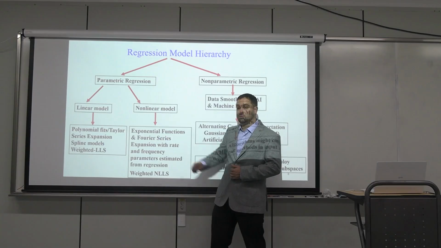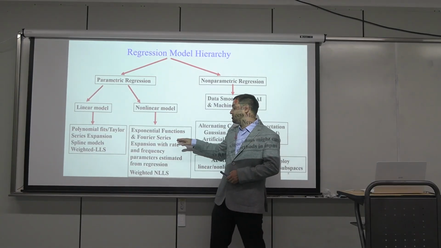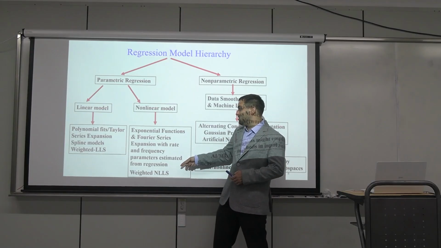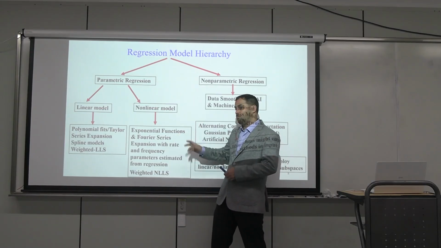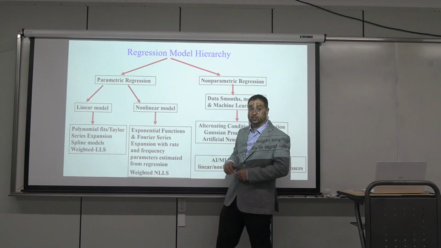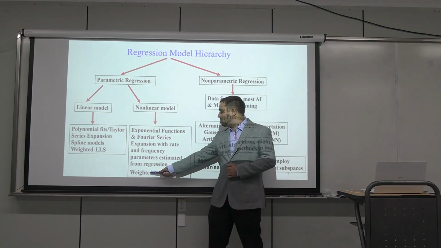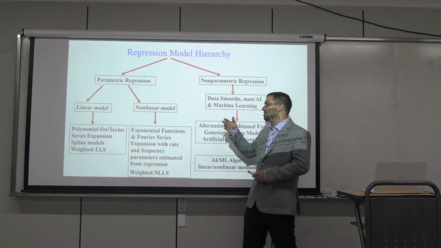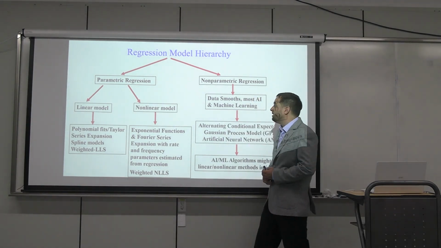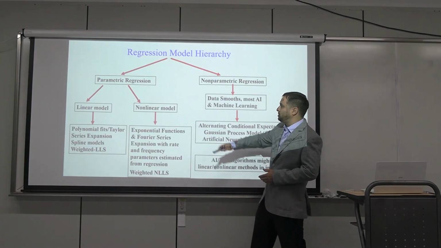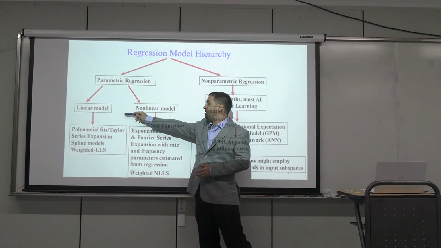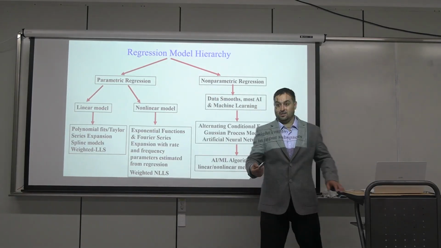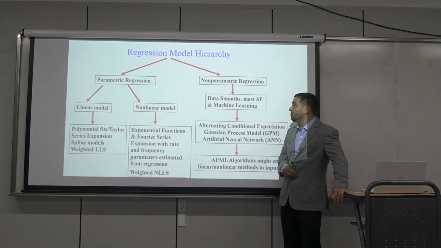If these parameters are being estimated from the regression, then it's a nonlinear model. We're going to give a more specific example shortly. Also, weighted nonlinear least squares is a type of nonlinear regression method. So within parametric regression, we have linear models and nonlinear models, and then there are different subcategories of these.